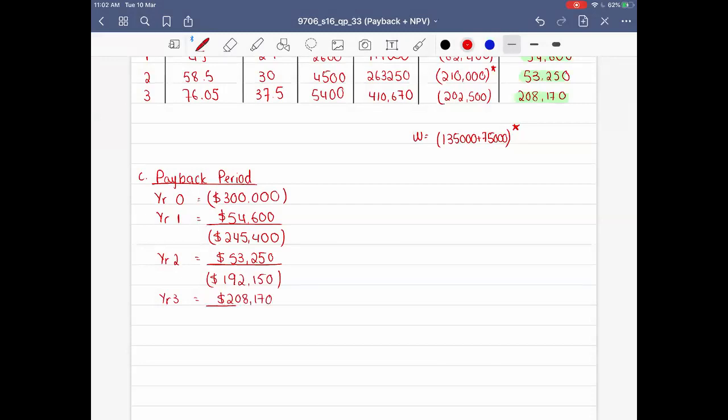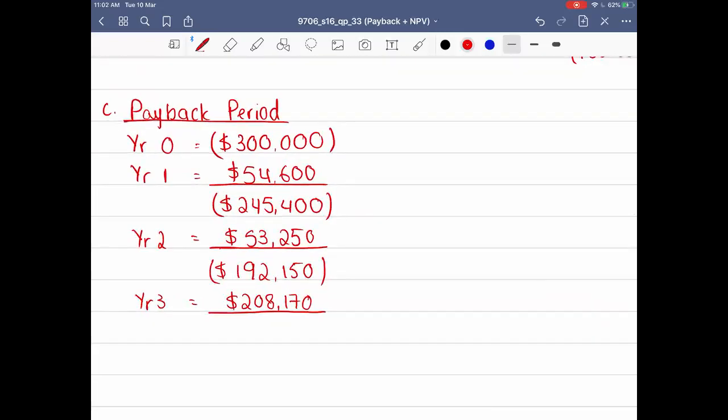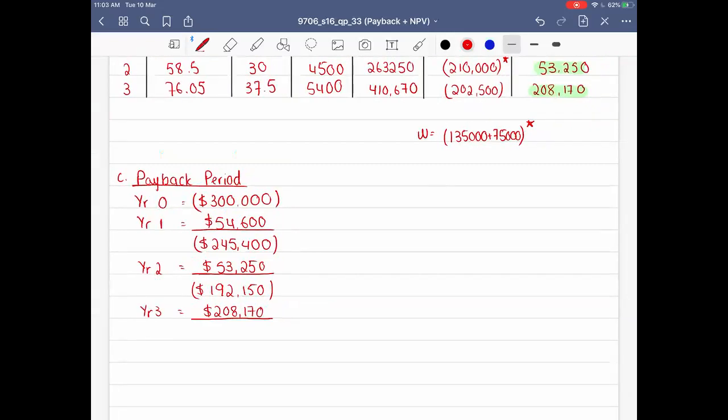इसका मतलब सर ईयर 3 में पे बैक हो गया है, बट ईयर 3 हम पूरा यूटिलाइज नहीं कर रहे. ईयर 3 के हम फ्रैक्शन मंथ्स यूटिलाइज कर रहे हैं. ईयर 3 में पे बैक पीरियड के लिए 192,150 चाहिए था, हमें रिसीव कितना हुआ? 208,170 हमने रिसीव किया है पूरे 12 मंथ्स में, and we needed how much?